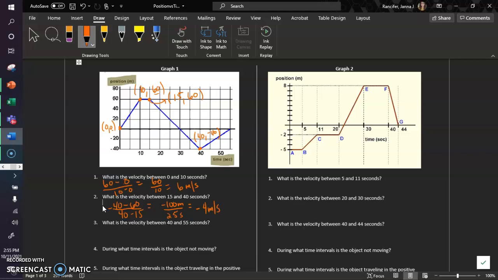What is the velocity between 40 and 55 seconds? Be careful, originally I had it at 50, but we want to do the 55 seconds. So this position here, the x is 55, the y is 0.